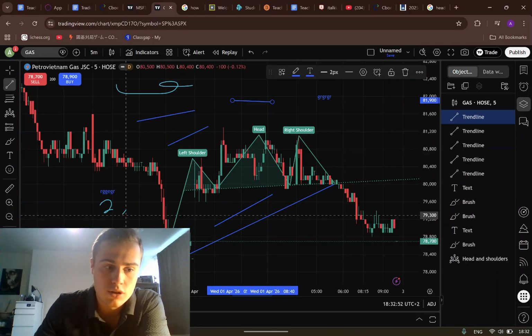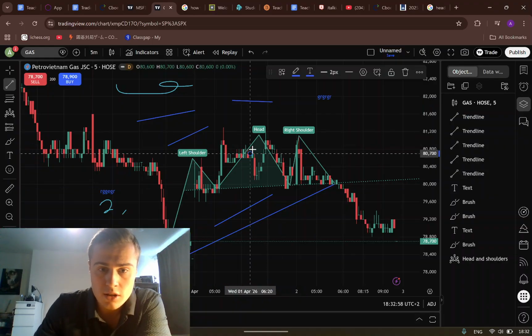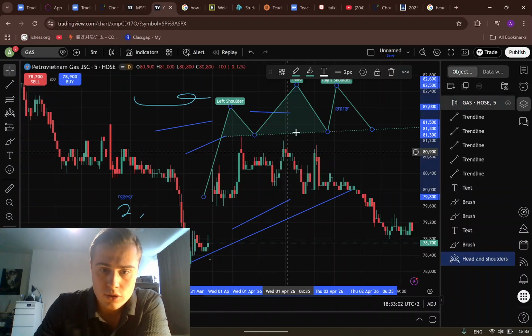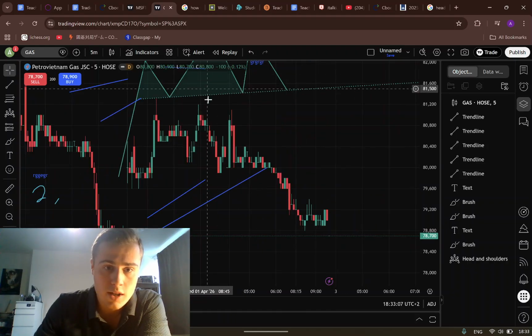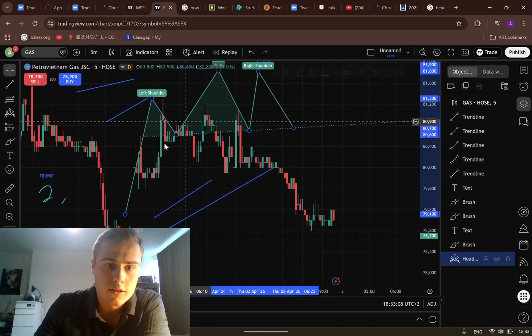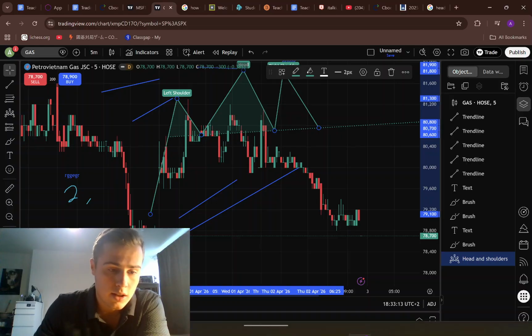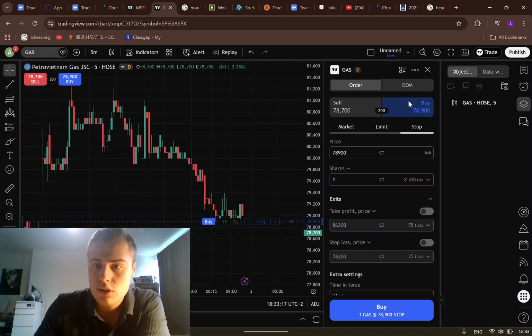I can just do this continuously. The lock basically locks the tool, so it means that I will not accidentally move it. So yeah, if it's unlocked, I can accidentally move it. If it's locked, I cannot. Then I can delete everything, and then we go to the orders.